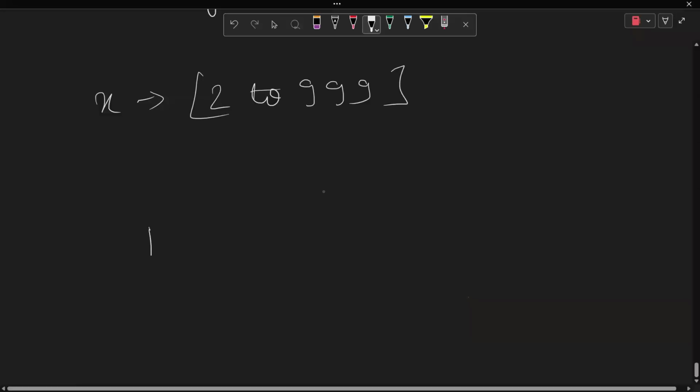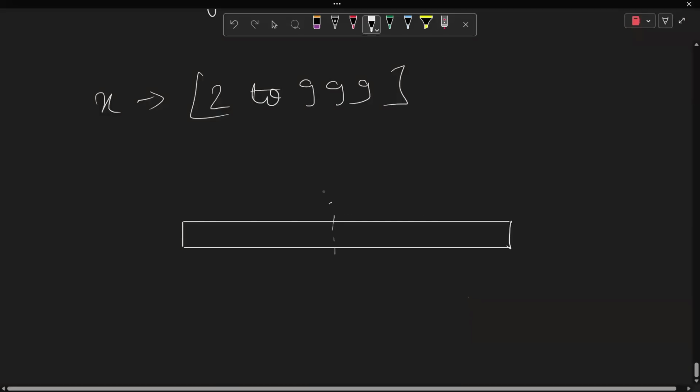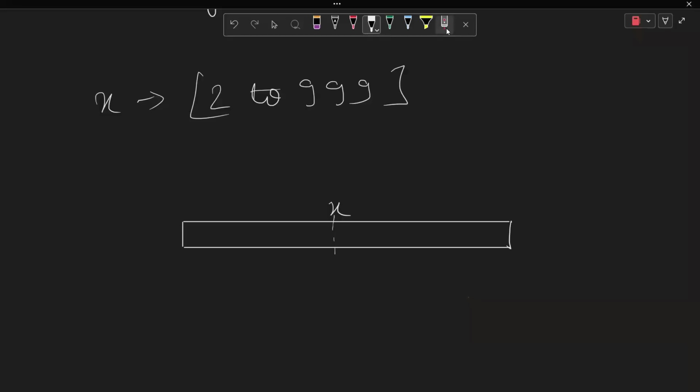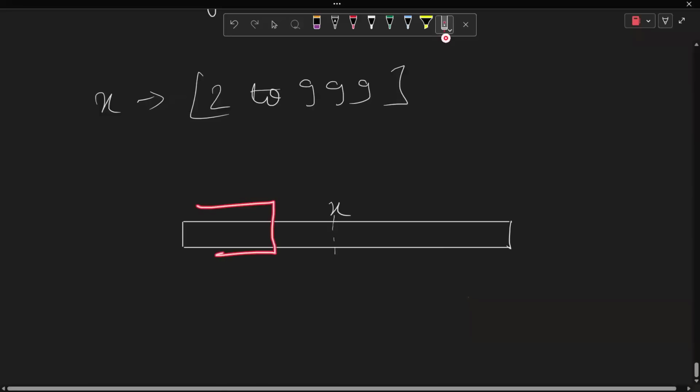So if we have a ruler where let's suppose we have some x here, all the values which are less than x would be measured correctly. So if we have some value a which is less than x, it would be measured as a only. But if we have some value b which is greater than x, it would be measured as b plus 1. This is what we know.